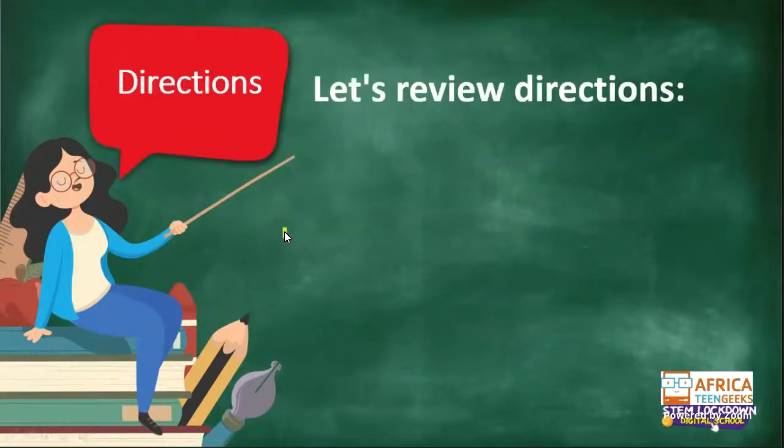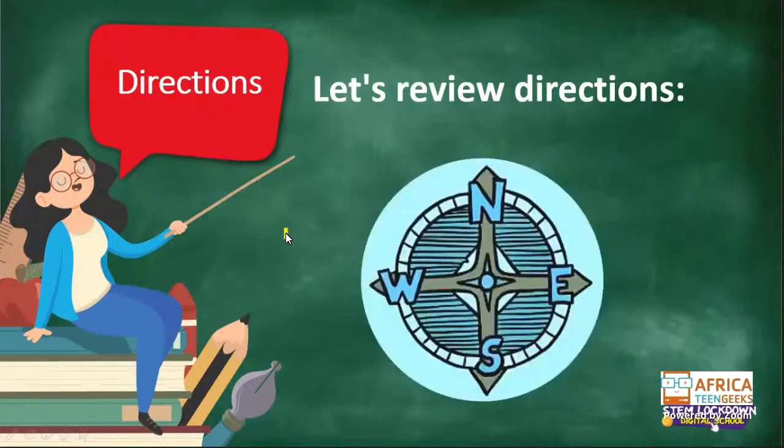Okay, let's quickly just review our directions, because later on in our course, we won't only be doing north, east, south, and west. We will be doing 4 other directions as well. So remember, when we go up, that is north, and you will see a block with the N on when we need to move up.